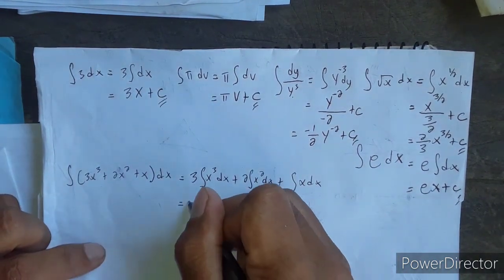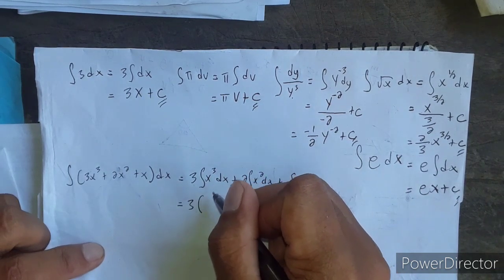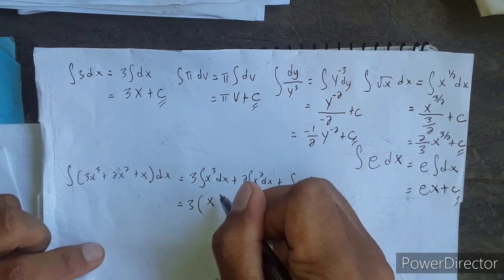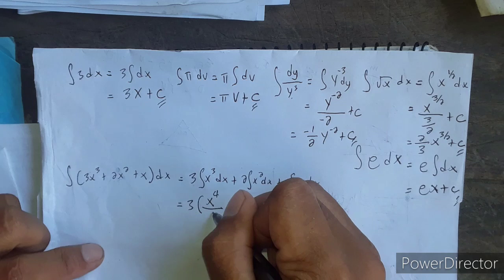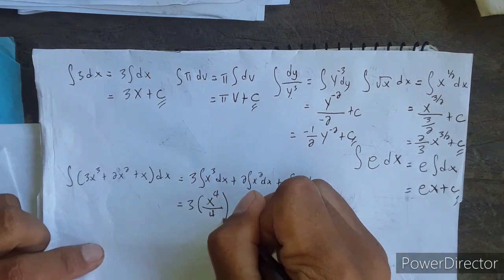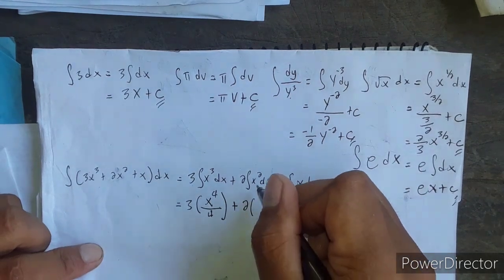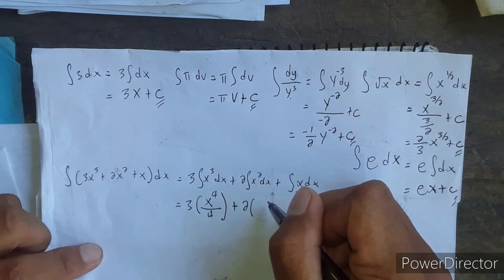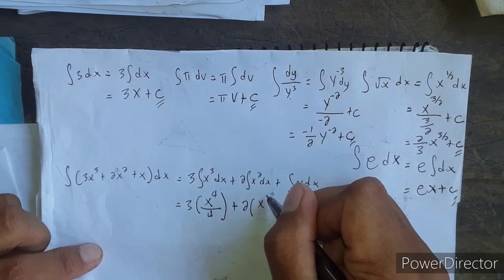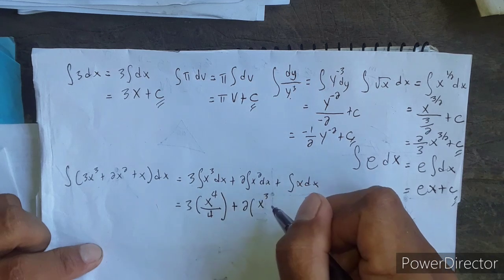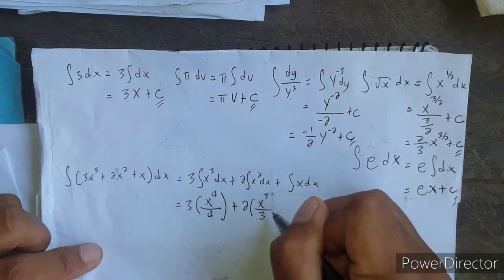Then simplify. For 3 times the integral of x cubed, we add 1 to the exponent, so it becomes 4, and divide by the exponent, which is 4. For the next term, 2 times the integral of x squared dx, we add 1 to the exponent, which becomes 3, and divide by the exponent, which is 3.